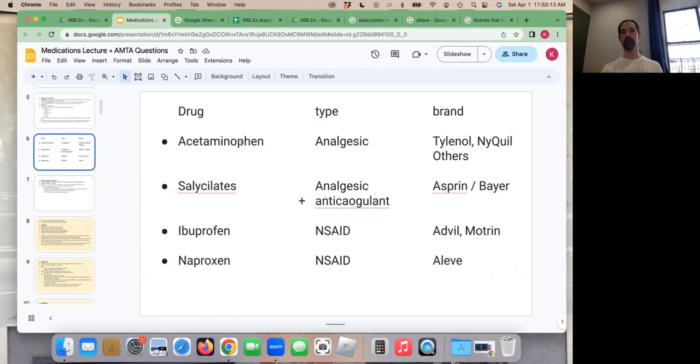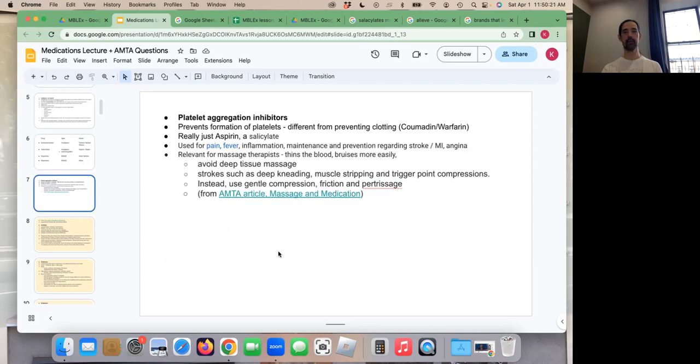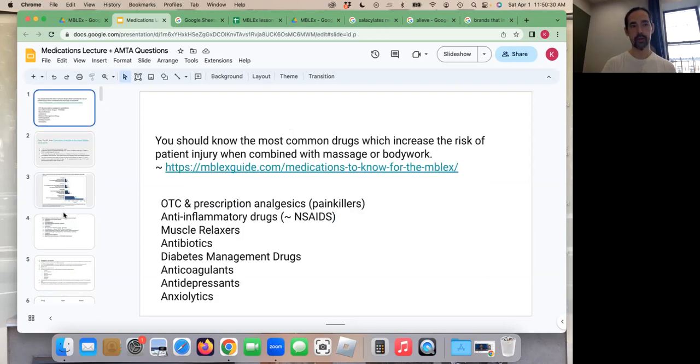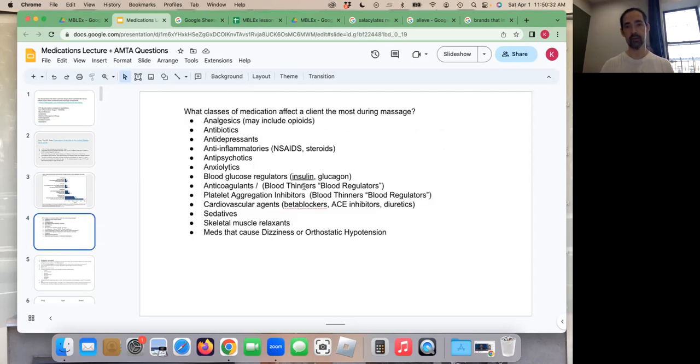The next slide is breaking down the analgesics and NSAIDs by brand and by drug name, drug type. And now we're going to move on to platelet aggregation inhibitors. There's two types of anticoagulants or blood thinners, blood regulators.